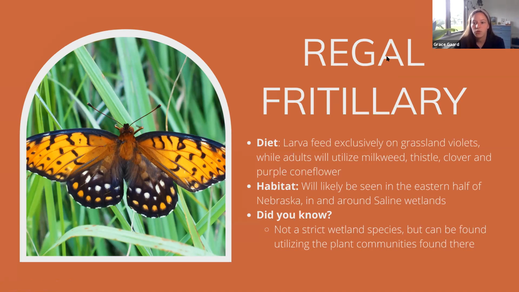Their adults will also use milkweed, thistle, clover, and purple coneflower. The saline wetlands are definitely a spot where a lot of those plants might grow, or on the edges of those wetlands, so you would possibly be able to sight one of these rare butterflies there. They're a really cool species, but again, not strictly found in wetlands; they would utilize the areas around them.